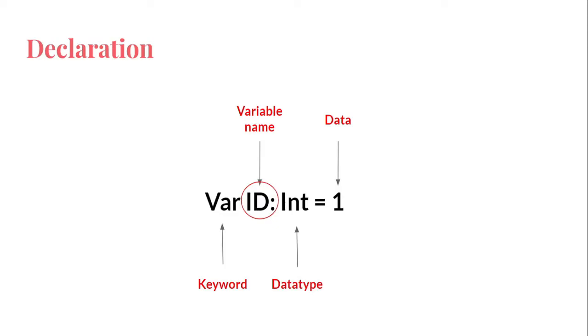After that, we'll put a colon. This is completely optional because unlike Java, we may or may not define the type of the variable that we are declaring, right?